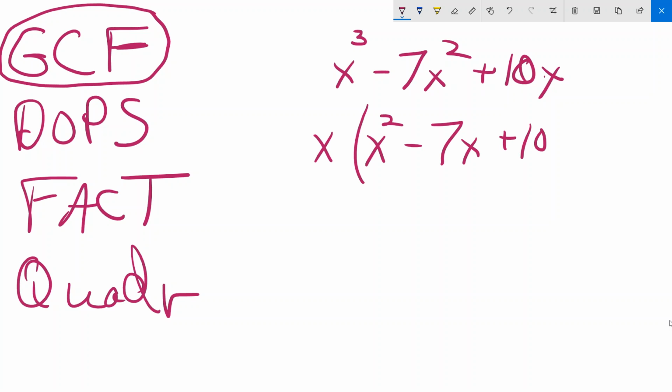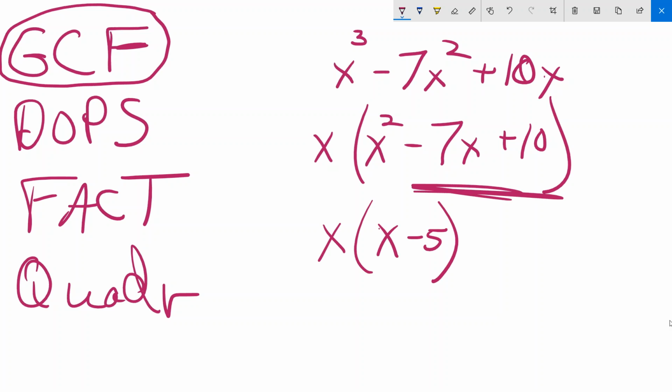That's what you have left over. Now this is the one we just factored, so we know what the final result is here. Okay? So this is always where you begin. Any factoring problem, try to find the greatest common factor.